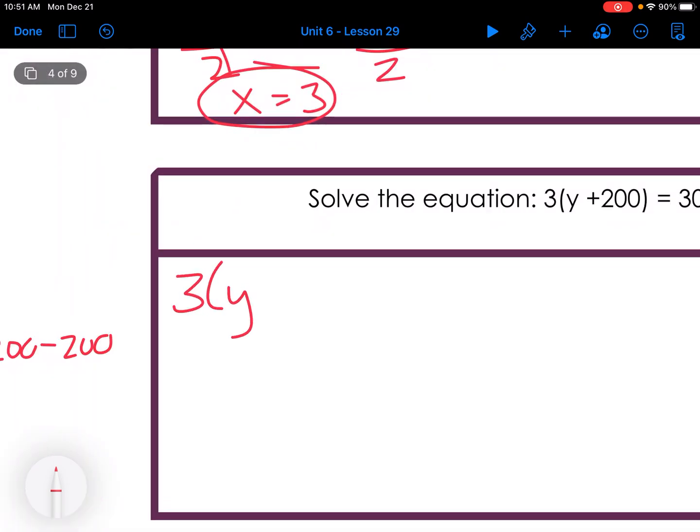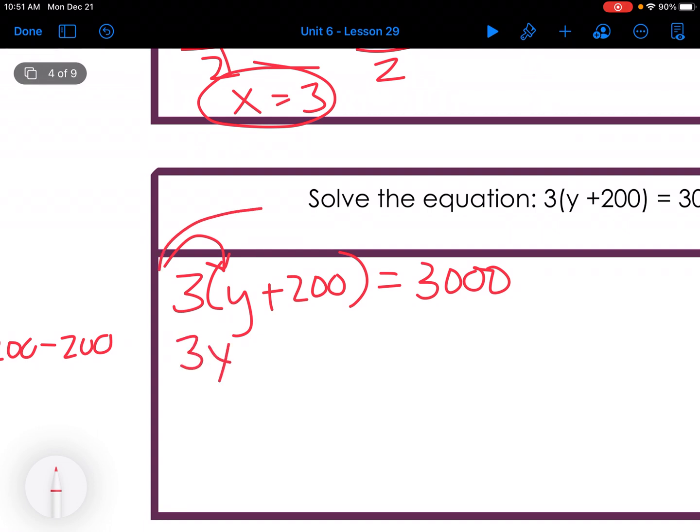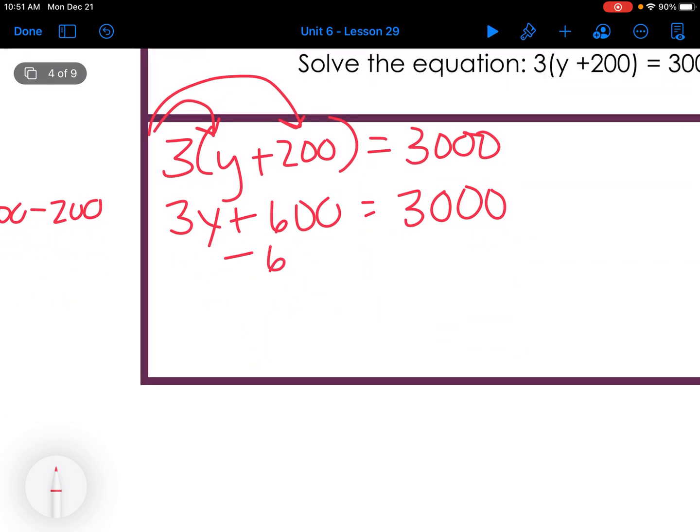So 3 parentheses y plus 200 equals 3,000. So I've got 3y, and then 3 times 200 is 600, equals 3,000. So the first thing I did with my hanger diagram was zero out. So I'm going to do the same thing here.